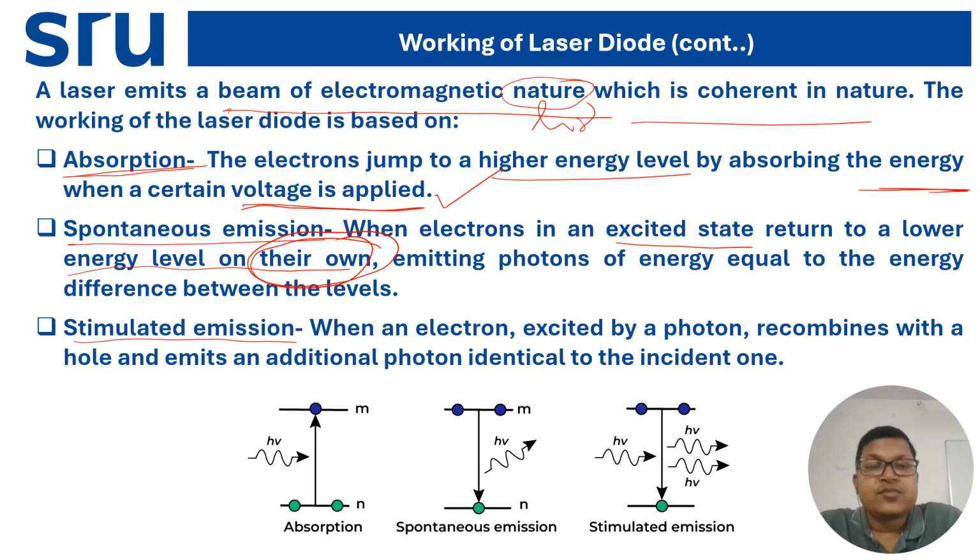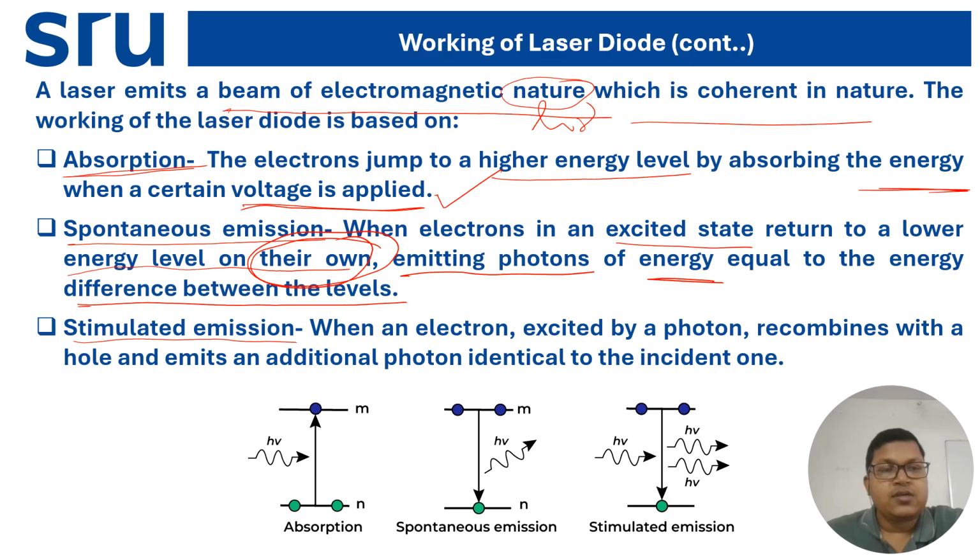When the electrons in an excited state return to a lower energy level on their own, they emit photons of energy equal to the energy difference between the levels.